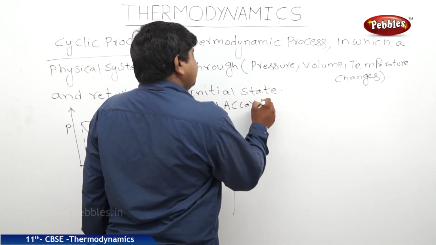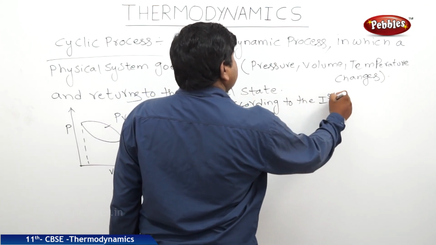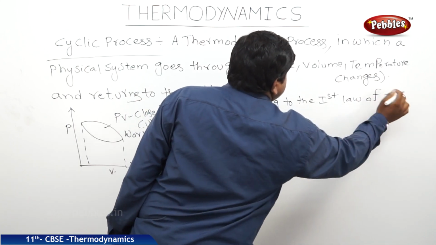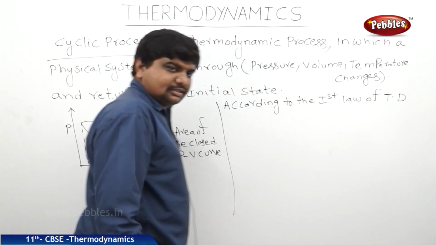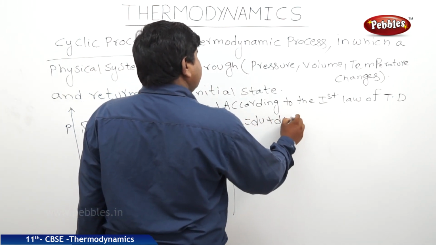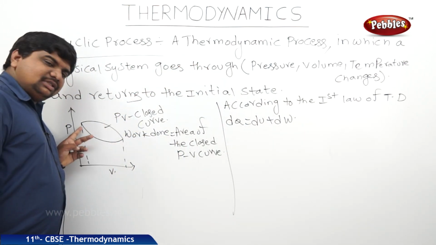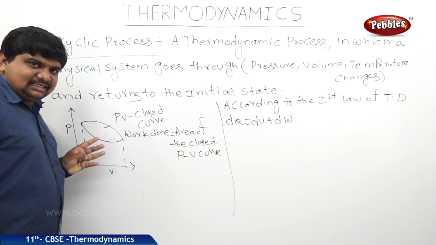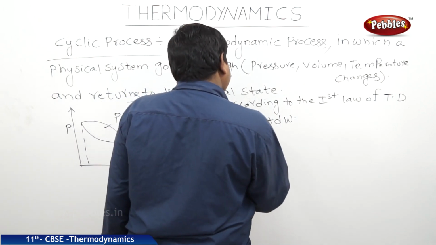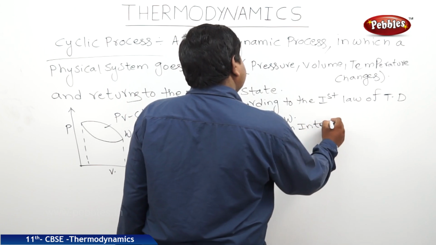So according to the first law of thermodynamics, or first law of TD, where TD is nothing but thermodynamics, we can write dq is equal to du plus dw. As the body is again coming to the original state, there will be no change in the internal energy.